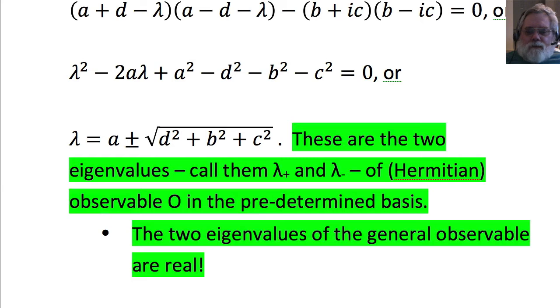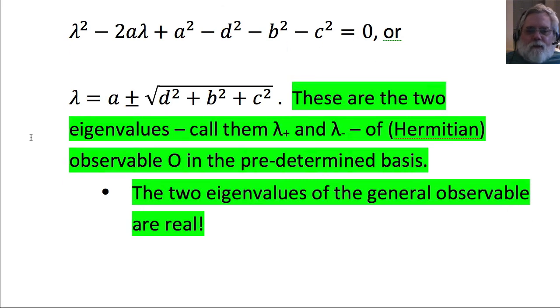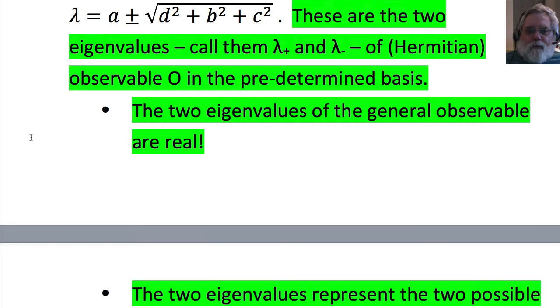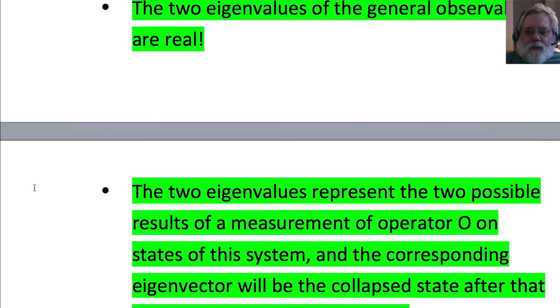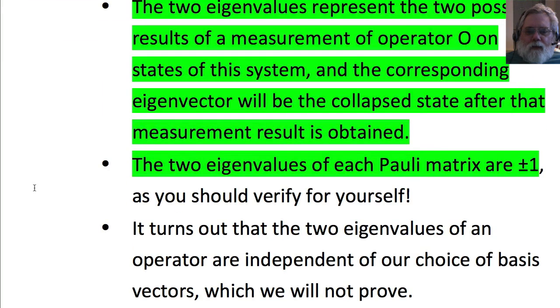Now, these eigenvalues apply to any Hermitian matrix. The Pauli matrices are Hermitian. If I didn't mention that, I'm going to mention that now. They are Hermitian. You should verify that. And so we can find the eigenvalues of the Pauli matrices, and you should do that.